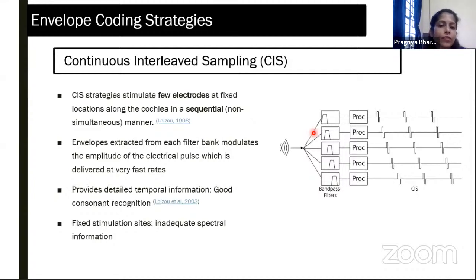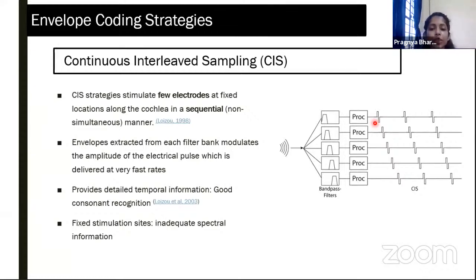One of the envelope coding strategies, which even now is used in different modified versions, is continuous interleaved sampling. It basically functions in a way that when the speech sound arrives, it undergoes bandpass filtering, and the envelope in a fixed number of bands is selected. The electrical pulses are modulated based on the amplitudes of the envelope in those fixed bands, and the corresponding electrodes are stimulated in a non-simultaneous manner.